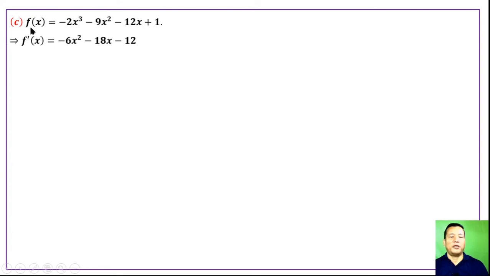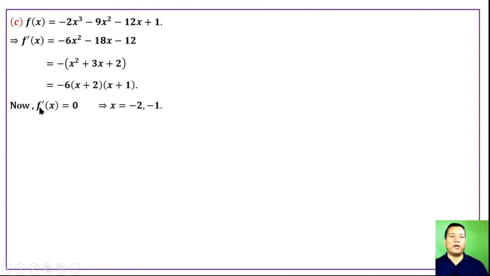For C, f of x is this, whose derivative is minus 6x square minus 18x minus 12. Taking out minus 6, and we get this, factorizing. Now f dash x equal to 0 gives x equal to minus 2 or minus 1. These two numbers divide the set of real numbers into three open intervals. When x is less than minus 2, the sign of f dash x is negative.